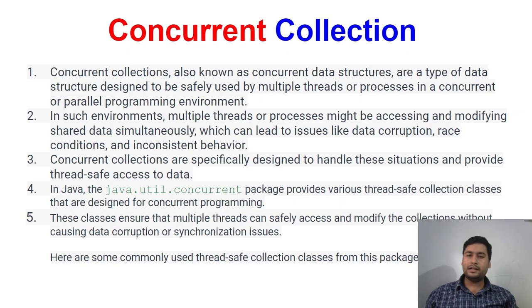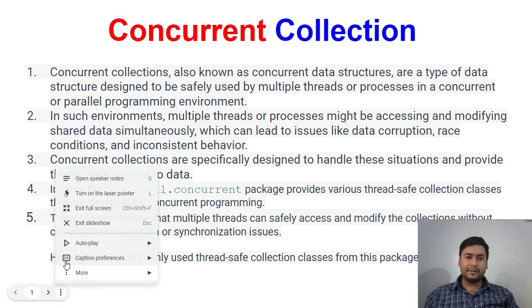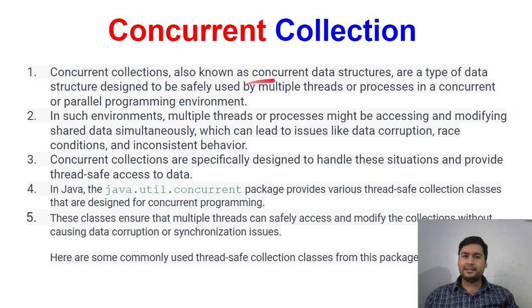So let's start now. First we need to understand what concurrent collections are, and then one by one I will explain each and everything. Basically, a concurrent collection is also known as a concurrent data structure. Whatever collections we have are part of the data structures only.